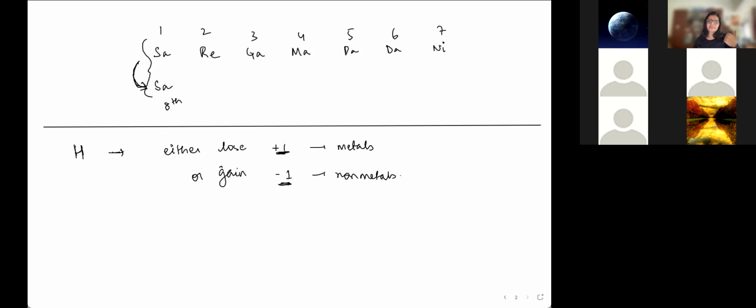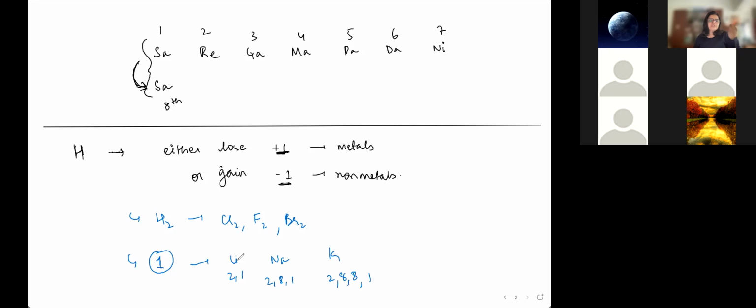Not just this, but hydrogen also exists as H2 gas, which is similar to Cl2, F2, Br2, similar to non-metals. But if you look at the electronic configuration of hydrogen, it has one electron in the valence shell, which is similar to lithium, which is 2,1, sodium, which is 2,8,1, potassium, which is 2,8,8,1.